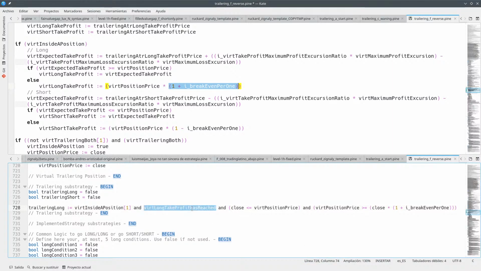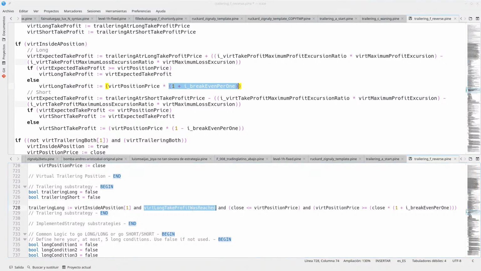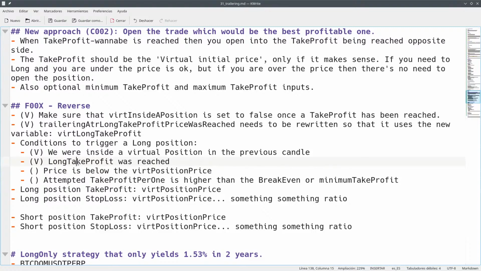You want the short take profit to be reached. Short take profit was reached. That's it.